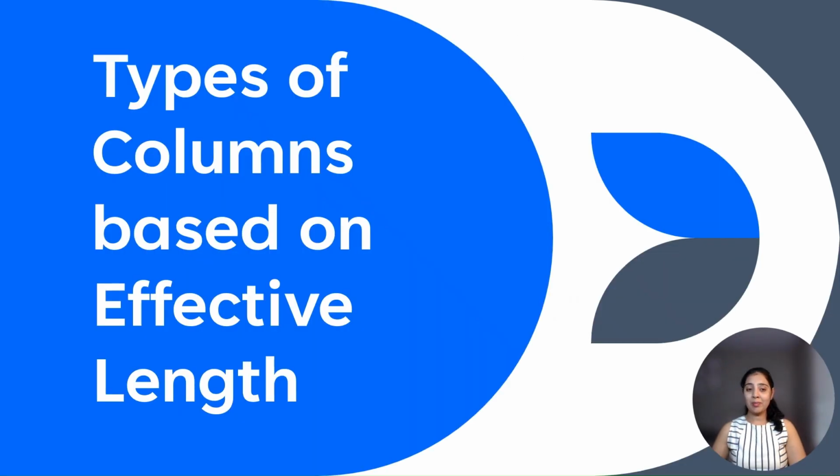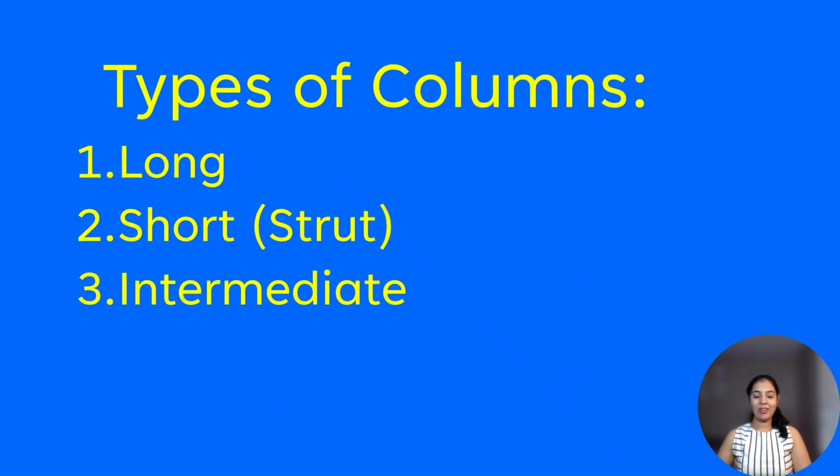Types of columns based on effective length. So based on effective length, there are 3 types of columns. Long column, short or strut, and intermediate columns.